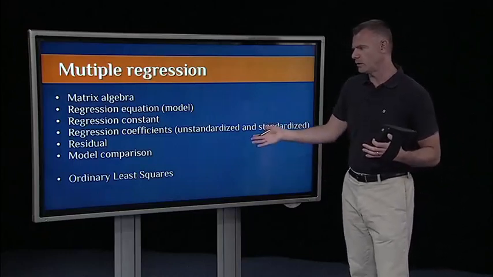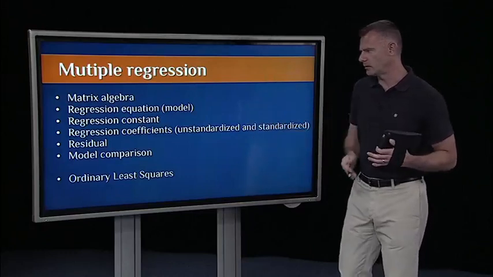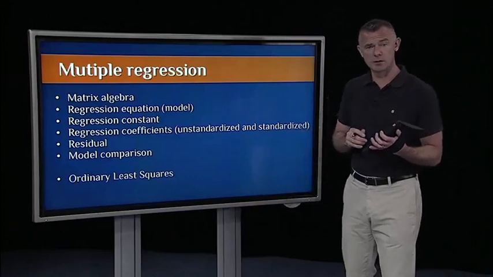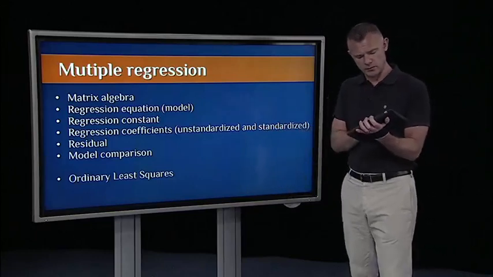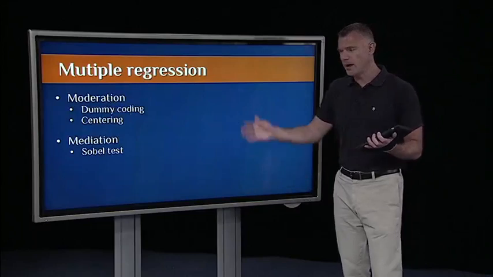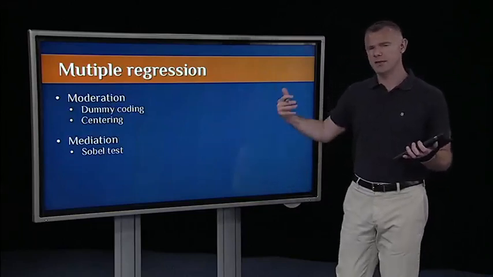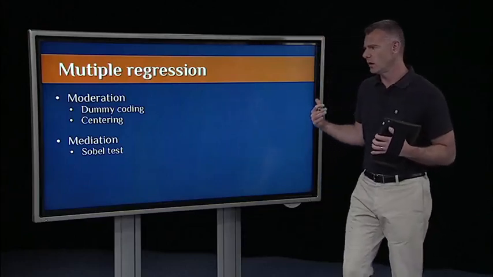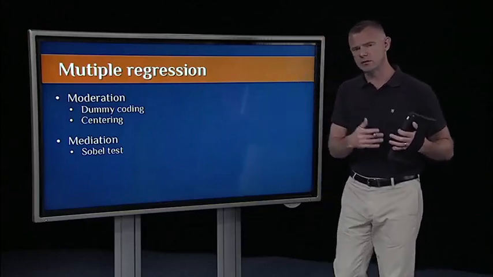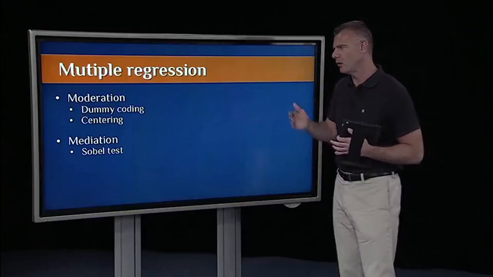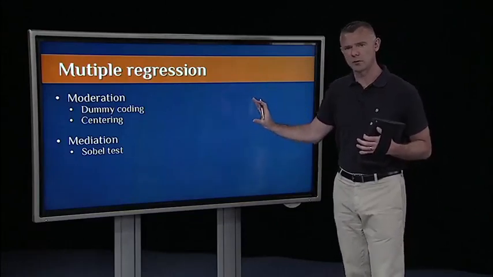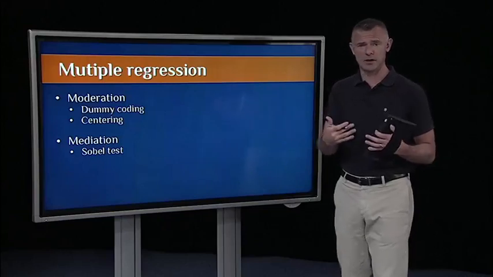And again, we just dealt with things like the residuals, model comparison, and we used ordinary least squares to estimate those coefficients. Finally, the last thing we did, and I think the most complex types of analyses we covered in this course, and that's what my students here at Princeton typically say, were moderation and mediation. Those are just forms of multiple regression that allowed us to test specific hypotheses.